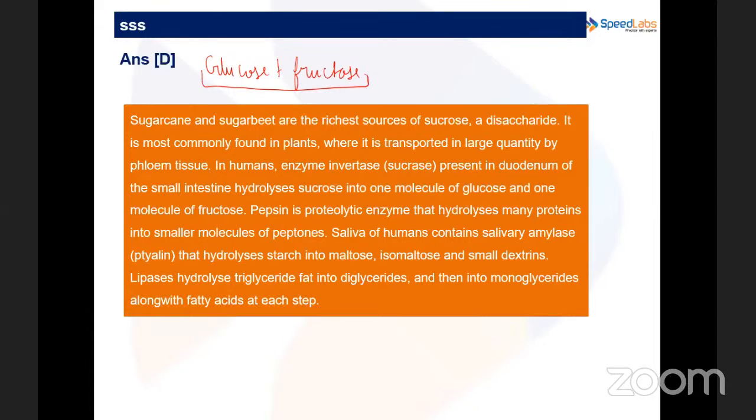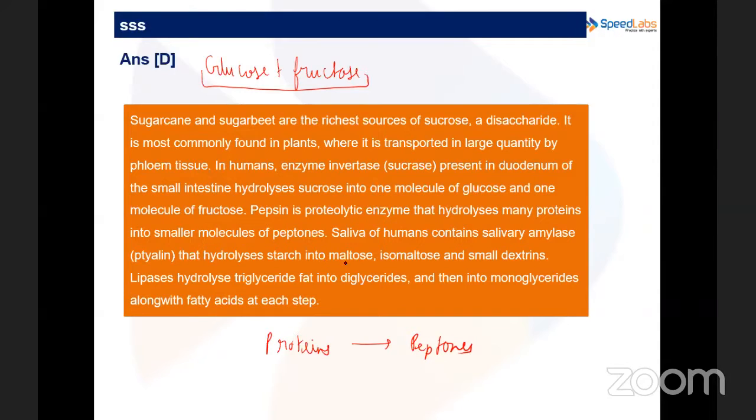Now pepsin. Pepsin is a proteolytic enzyme. It hydrolyzes proteins into peptones. What does the saliva of humans contain? It contains salivary amylase, other name is ptyalin, which functions at pH 6.7 or 6.8.